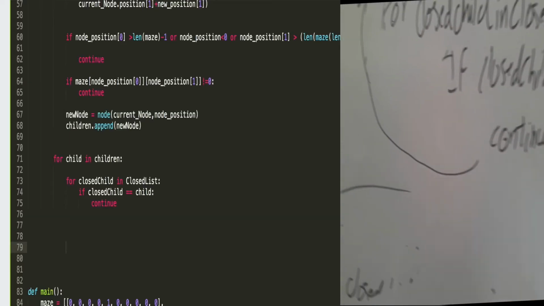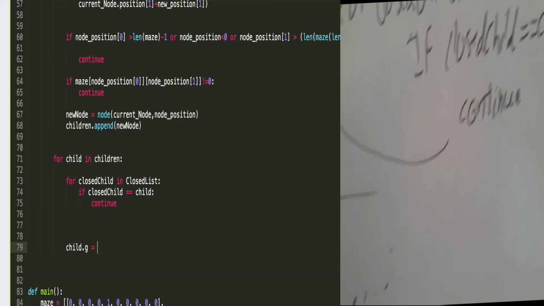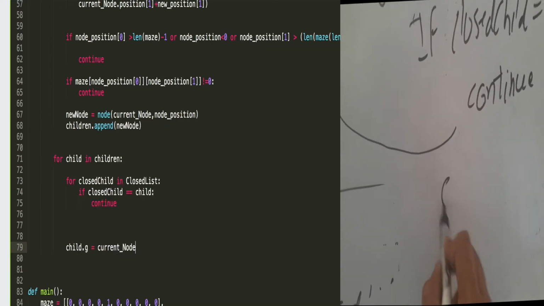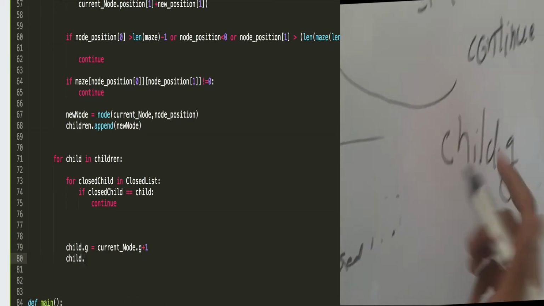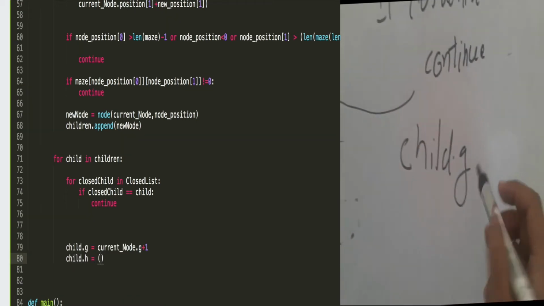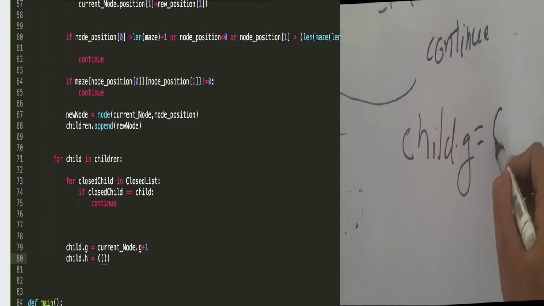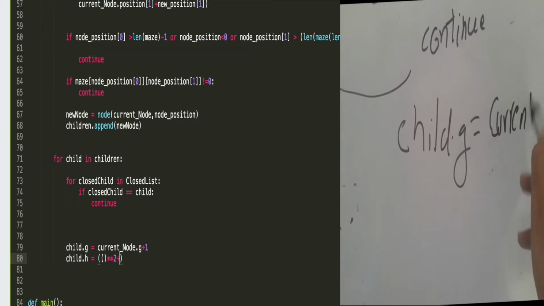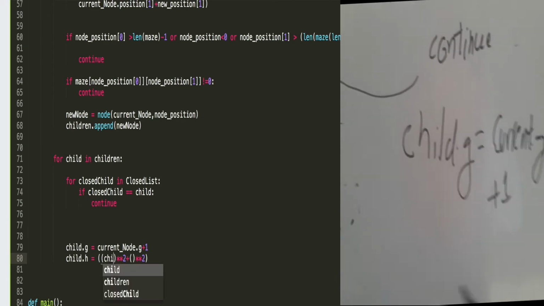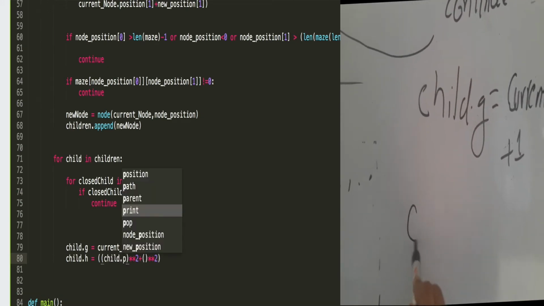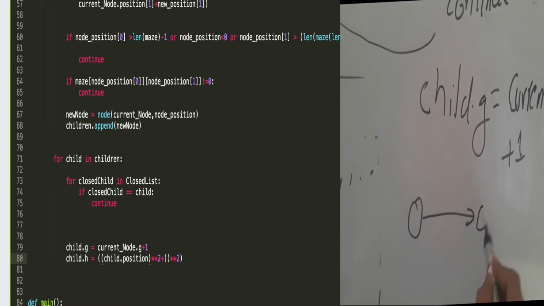Similarly, if that's not the case, what should I do? I should calculate child.g, which will be equal to current node g. I already told you that g is the distance traveled, the number of nodes traveled from start to the current node.